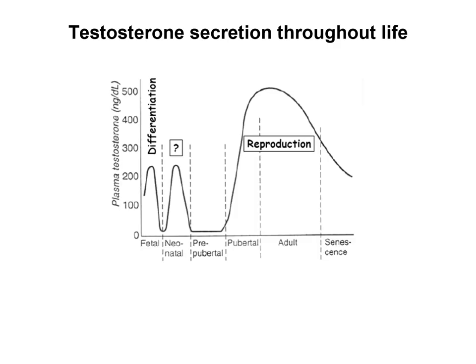In this graph, we see testosterone secretion throughout life of an XY individual that has developed in a male, based on functional testes. And so we see here that if we're looking at fetal life, so before the baby is born, we have high testosterone plasma levels, as well as a spike right around birth at the neonatal phase, whose true function of this is not fully understood.